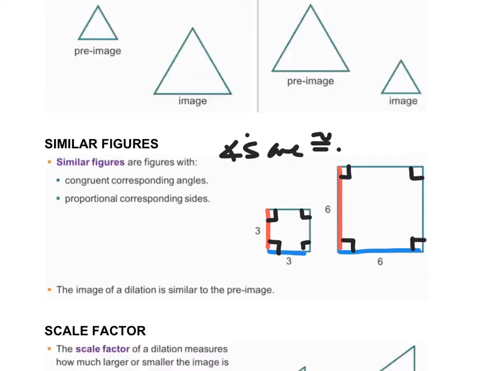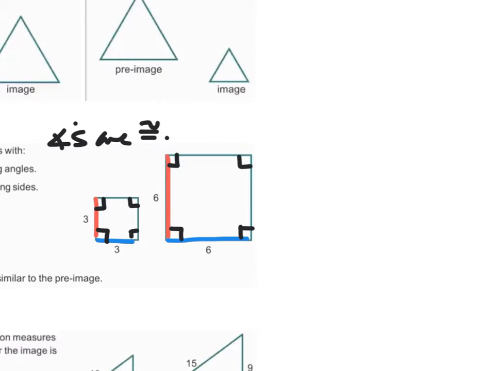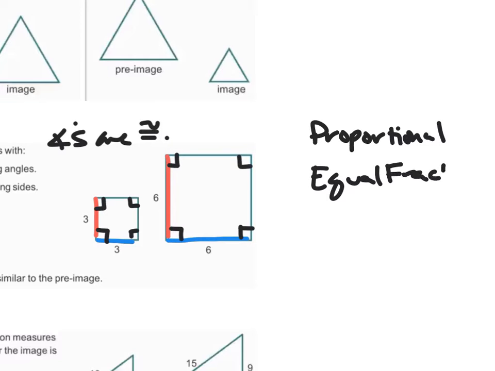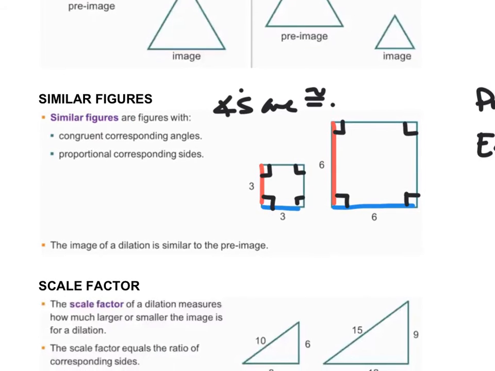Now, when we talk about proportional corresponding sides, let's talk about what that word proportional means. Proportional means I have equal fractions, okay? And what I want to do is go from my big to small.